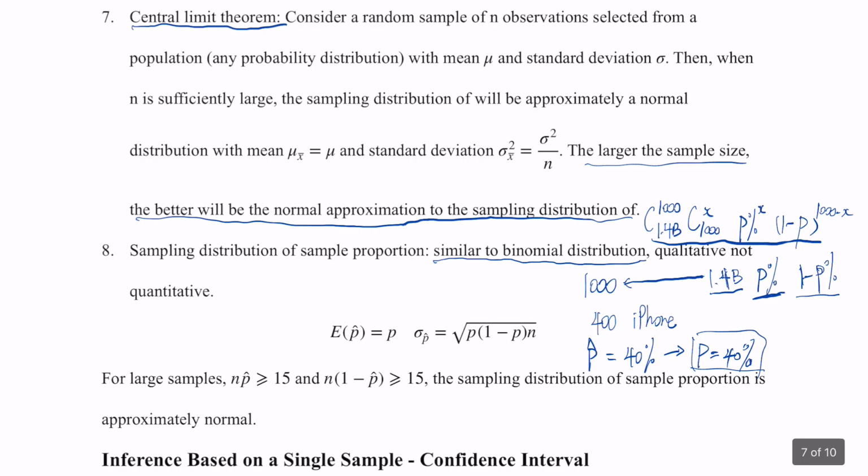It's very similar to the binomial distribution. And if you remember, the binomial distribution is a discrete random variable. It's not a continuous random variable. What is a continuous random variable? The normal distribution is a continuous random variable. The binomial distribution is not continuous. It's discrete. So the probability distribution of a binomial distribution may look like this, right?